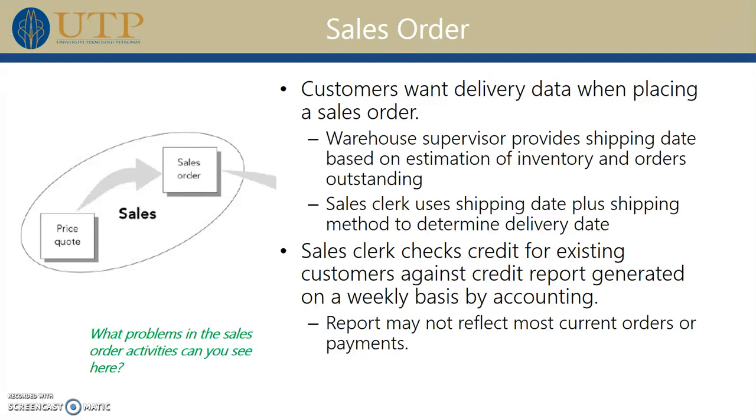So the sales clerk would use the shipping date plus shipping method to determine the delivery date. The sales clerk checks credit for existing customers against a credit report generated on a weekly basis by accounting. The report may not reflect the most current orders or payments because of the lack of integrated information that Fitter Snacker has at the moment.